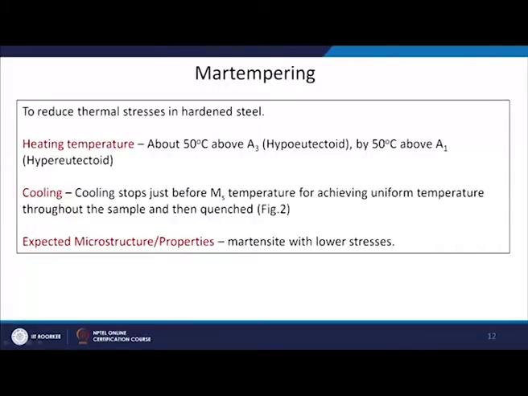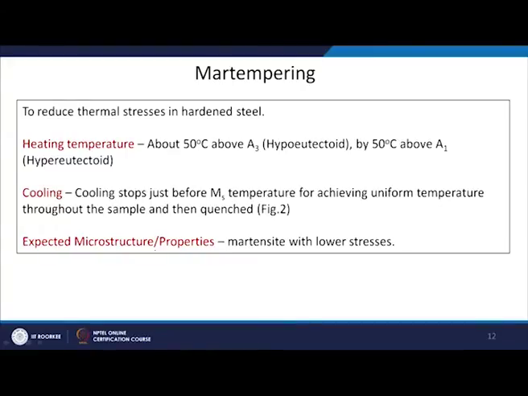The heating temperature is about 50 degrees Celsius above A3 for hypoeutectoid and 50 degrees Celsius above A1 for hypereutectoid. Cooling stops just before the MS temperature. You can have a very high cooling rate, but you stop at a certain temperature above the MS temperature to achieve uniform temperature throughout the sample, and then it is quenched. The expected microstructure is martensite with lower stresses.